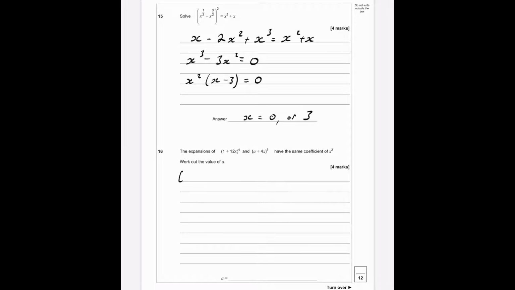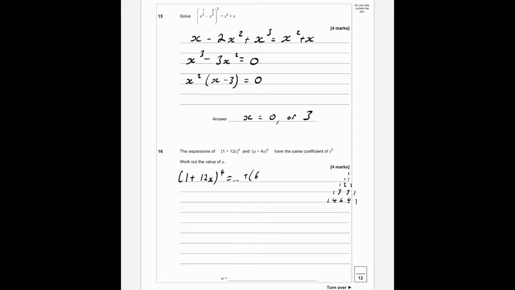Question 16, if you have expanded absolutely everything out, that's not wrong, it's just not particularly efficient. I'm just going to concentrate on the bits that I'm interested in. So I'm only going to concentrate on the parts of the expansion with the x squared component. There's a little Pascal triangle to help me.